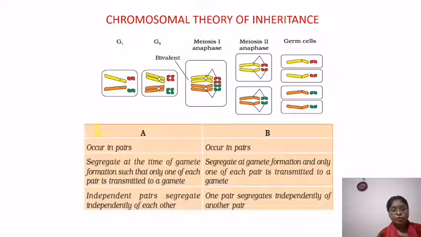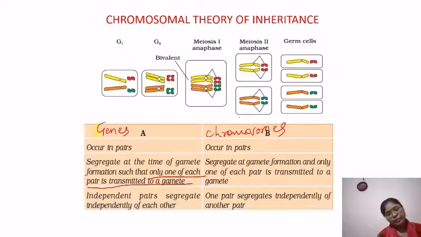Remember, there is a question in your NCERT asking this, so how will you tell it? If you read the statements very carefully, it will be clear to you. During gamete formation only one of each pair is transmitted to a gamete, isn't it? So if we put gametes on this too, we can see it the same way.